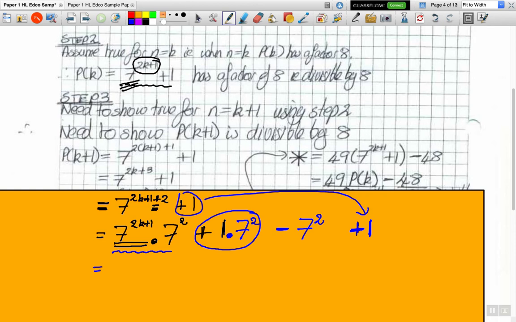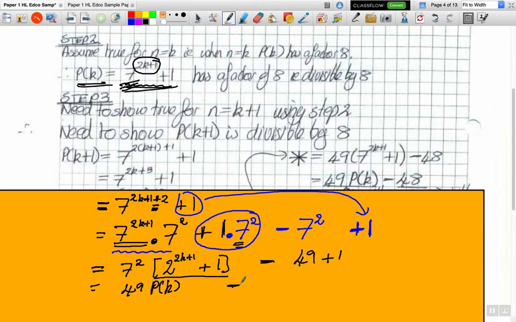But to carry on, just to show you how it's done, because I'd actually introduced that 7 squared as a trick, I can now take out 7 squared as a common factor, leaving me with 2 to the power of k plus 1 plus 1. And then I've got minus 7 times 2 squared, which is 49, plus 1. This is now going to be 49 on p of k, because that is pk.